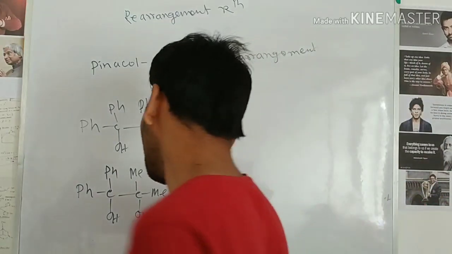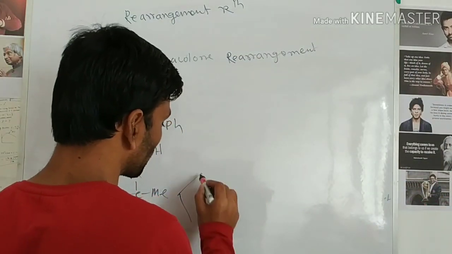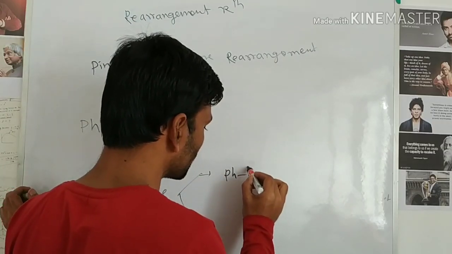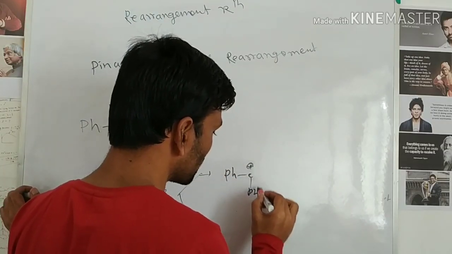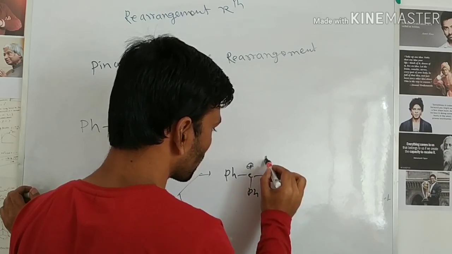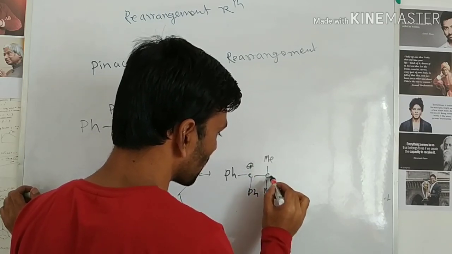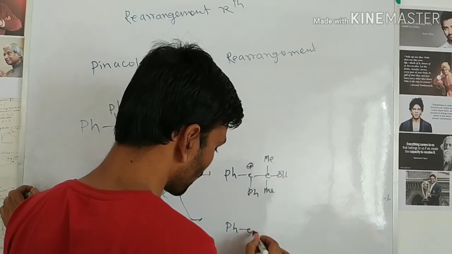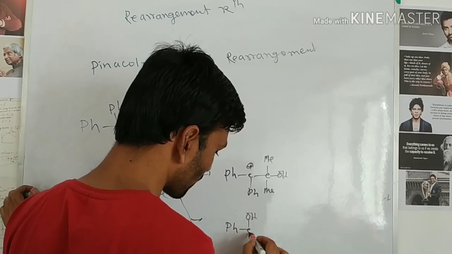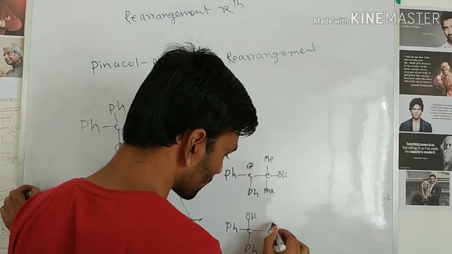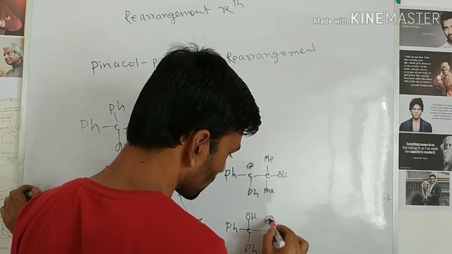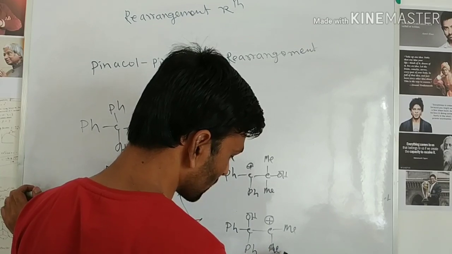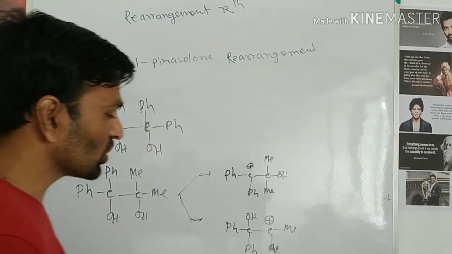Which one leaves? There are two possibilities. Which one is more stable?